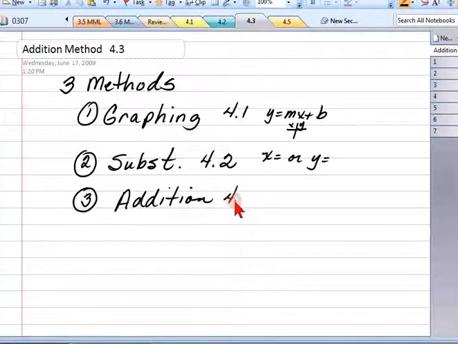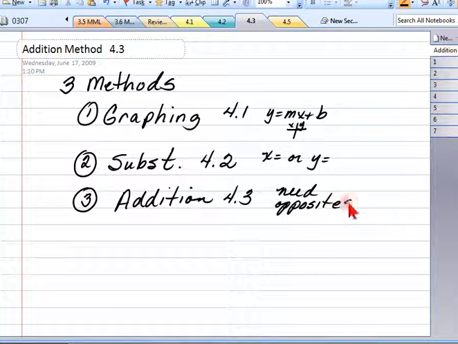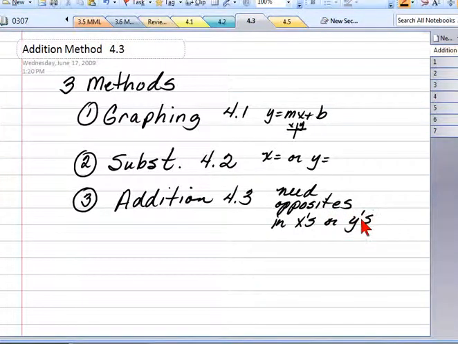It is in lesson 4.3, and to use the addition technique, you need opposites in x's or y's. I will kind of clarify that in just a minute.